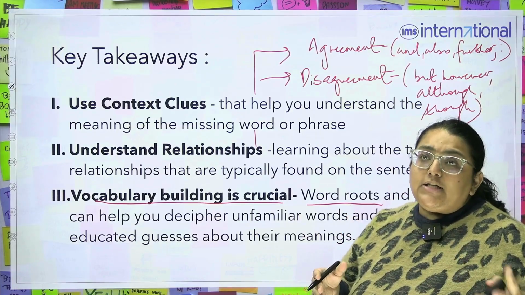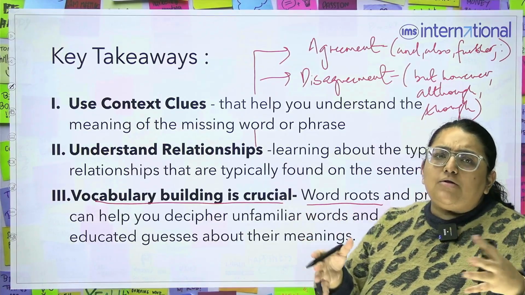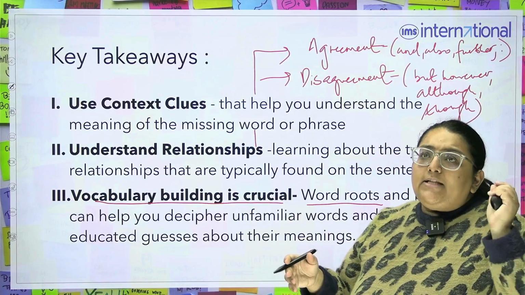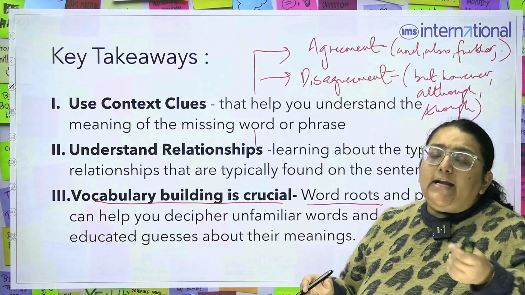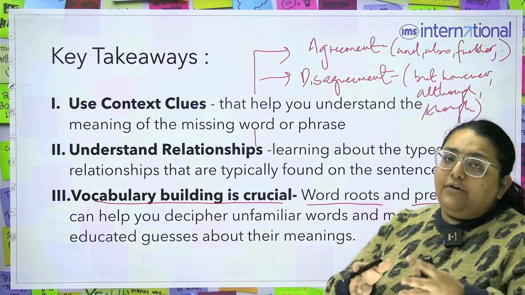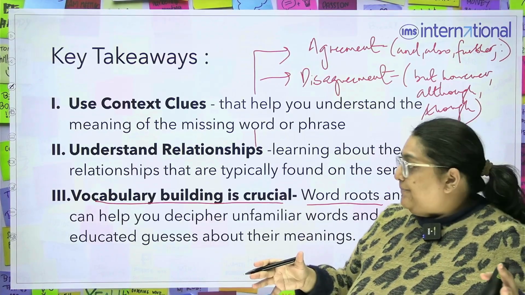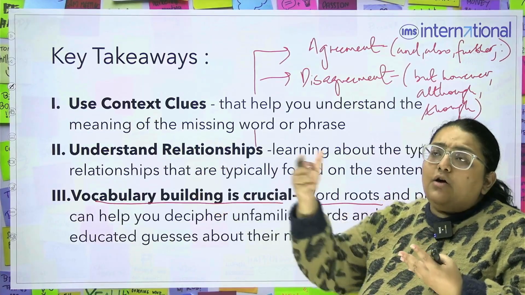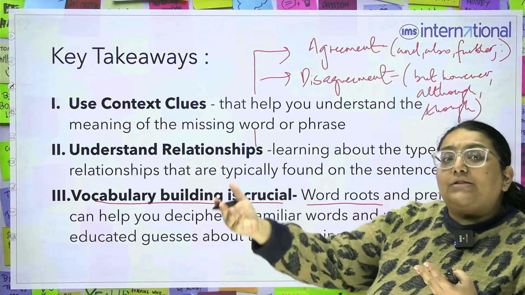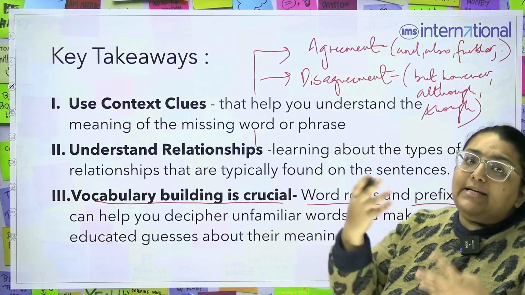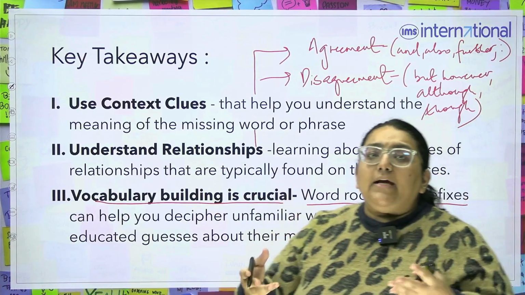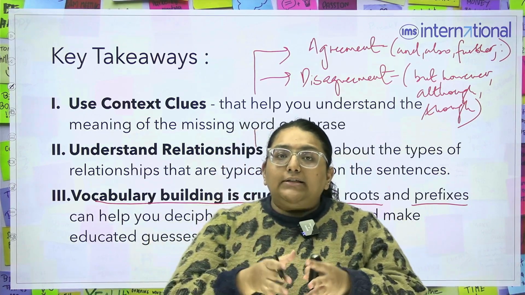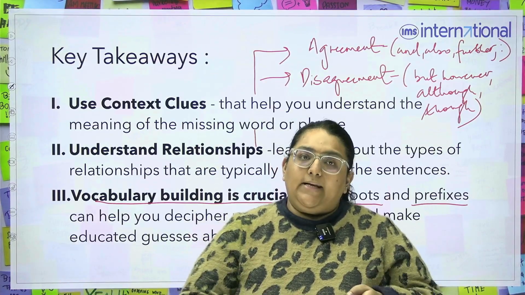So punctilious, I can remember, is also related to something positive. Even if I don't remember the exact meaning, this much will help me in eliminating the options if it comes in the exam. Another word that we did was fecklessness. Now we know feckless is similar to useless. So feckless is a negative word. So try to connect words to other words or their root words in order to remember their meaning.